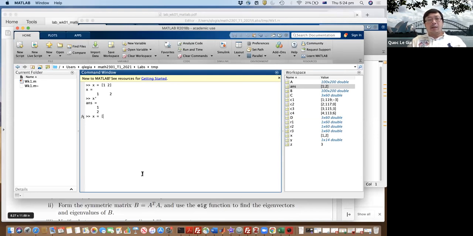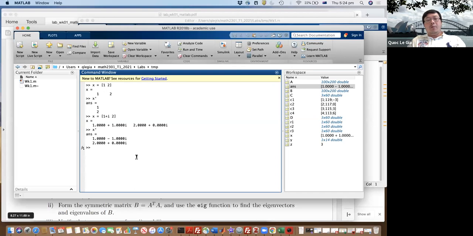But when x is 1 plus i, remember MATLAB takes complex numbers, 1 plus i and then 2. When I take x prime, then I get 1 minus i, and 2, yeah? So we have to be careful, okay? The prime takes the conjugate and then transpose, yeah?